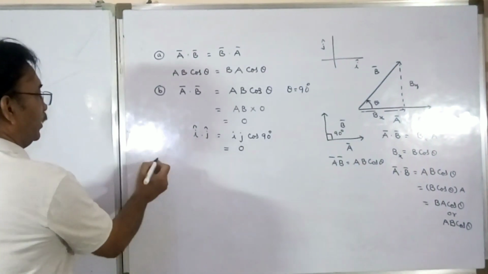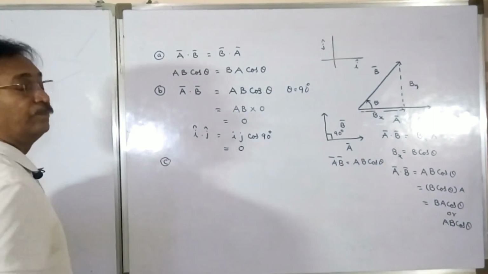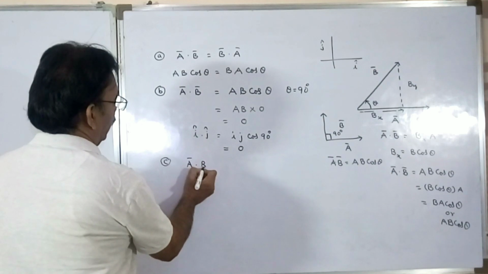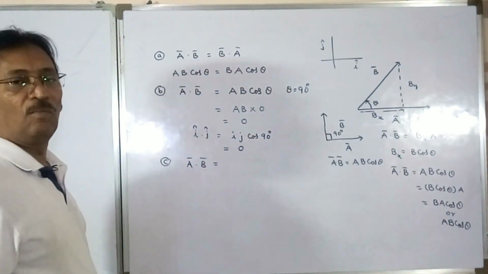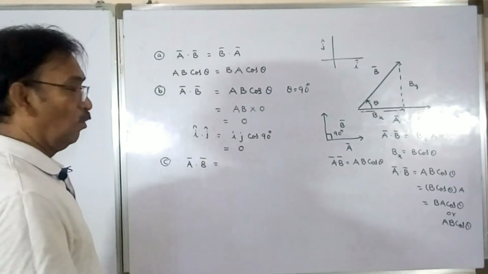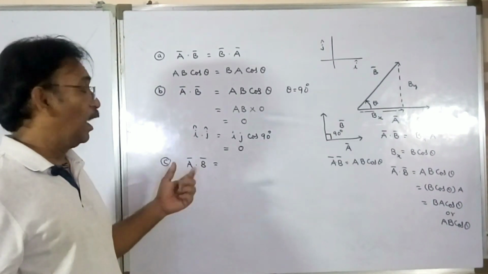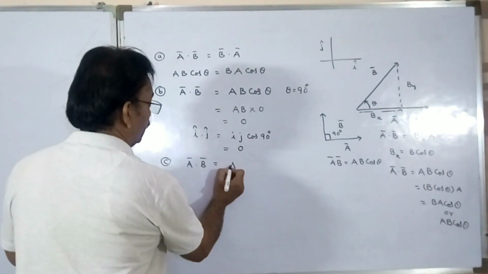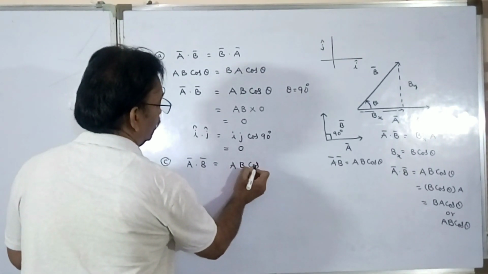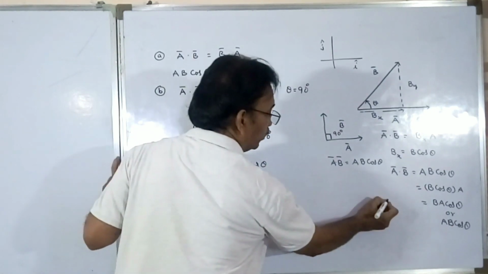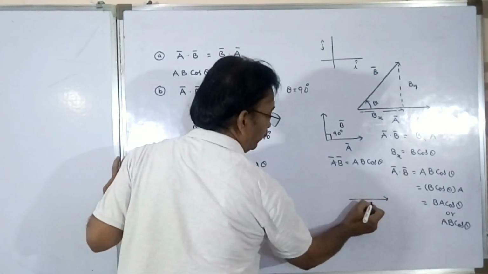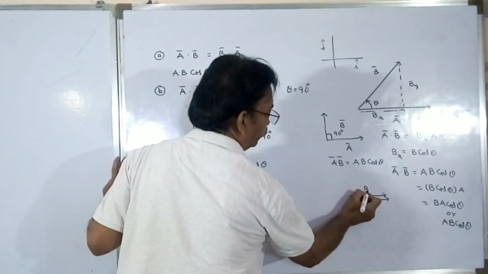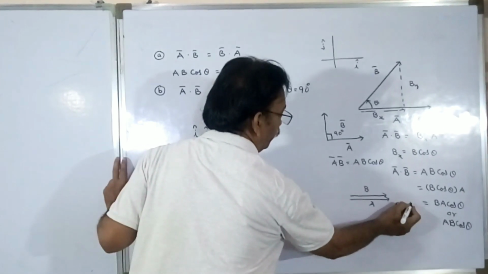Then we will learn one more property, property C: the dot product of two vectors when they are parallel to each other. What could happen? We'll see. The result is ab cos theta. That means this is the vector A and it is lying over the vector B. The theta is 0.